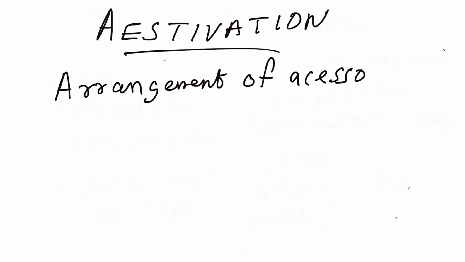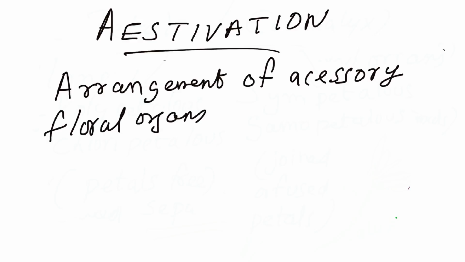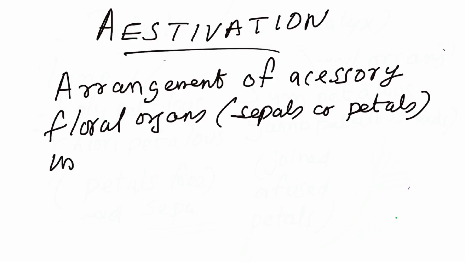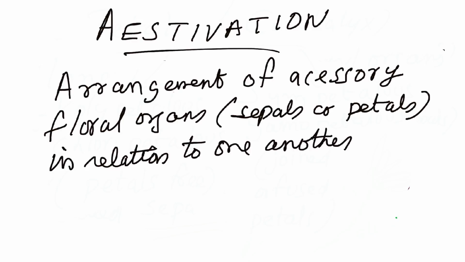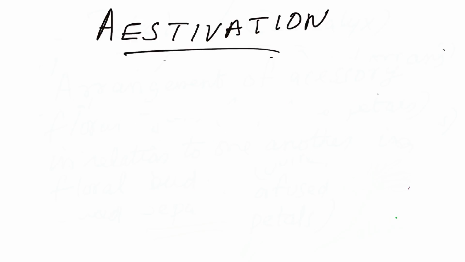Aestivation is the arrangement of accessory floral organs, that is the sepals or petals, in relation to one another in a floral bud. So that is a very important thing. It's usually asked in the NEET examination, and in various biology examinations, where flower morphology comes as an important part.